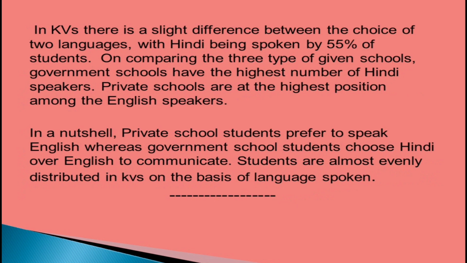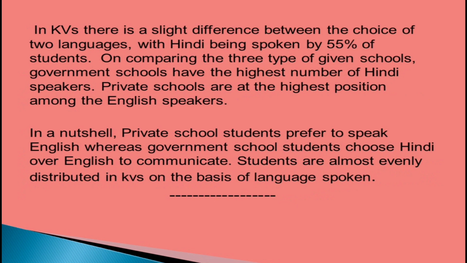On comparing the three types of given schools, government schools have the highest number of Hindi speakers, and private schools are at the highest position among the English speakers. So dear students, by this way you can write the description.